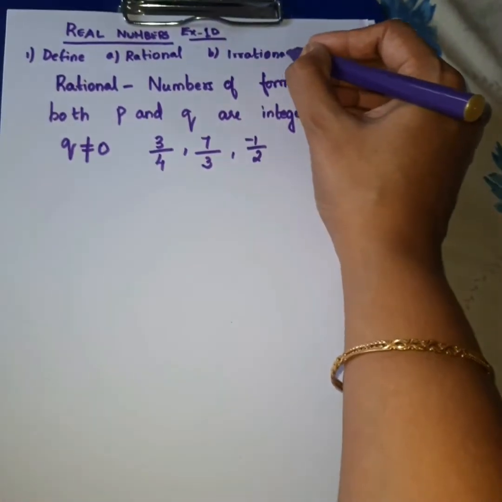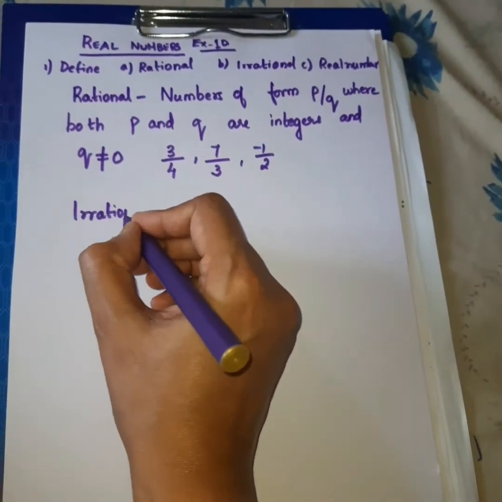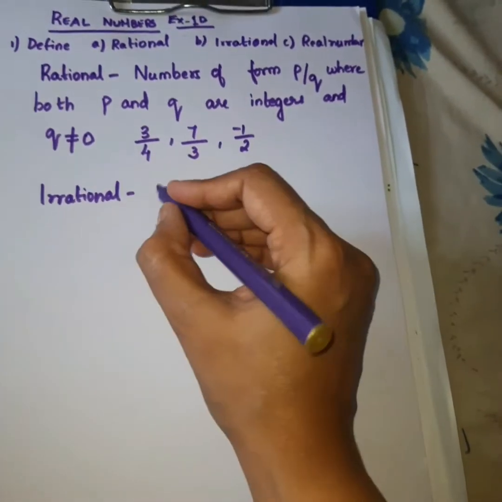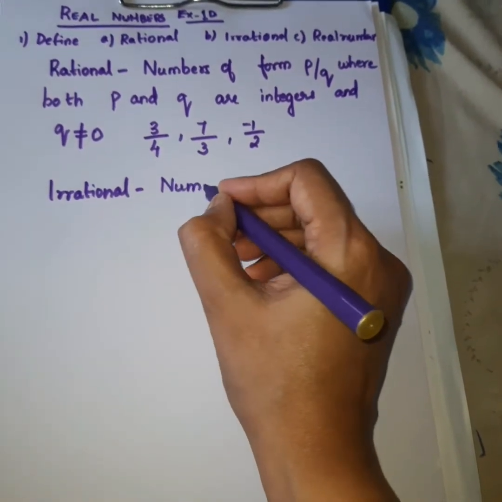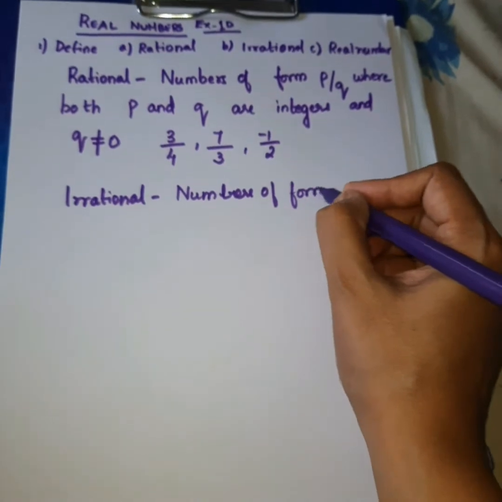Next, irrational numbers are the numbers which can be represented in decimal form, and they are usually non-terminating and non-repeating numbers.